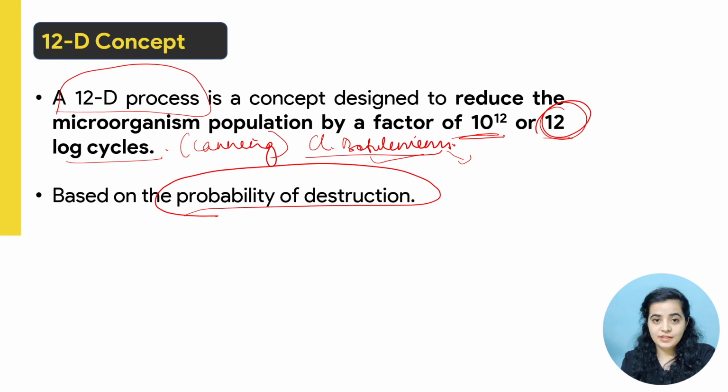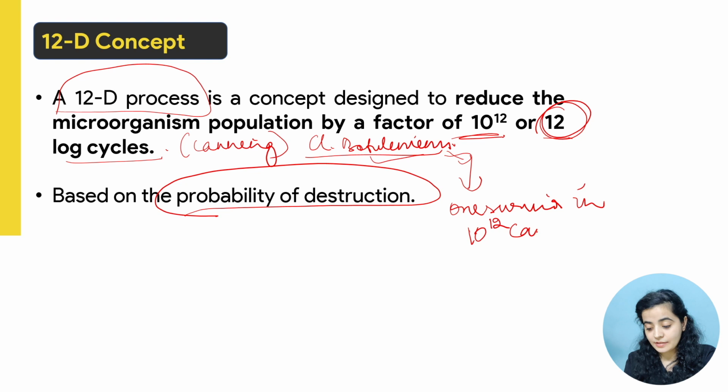So it was seen that a reduction by 12 factor or 12 log cycle reduction actually renders the food safe and makes it commercially sterile. Or you can say that it leads to a condition where only a probability of one survivor is there in 10 raised to power 12 cans.